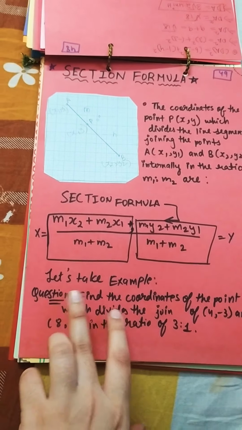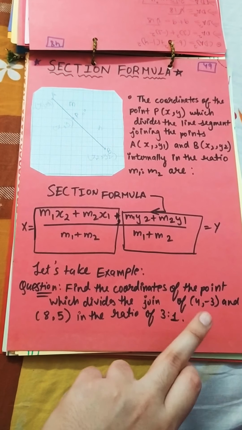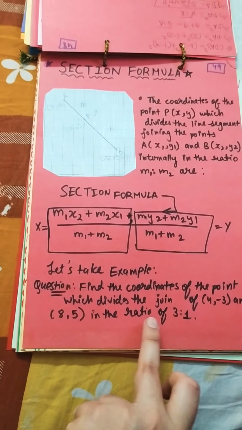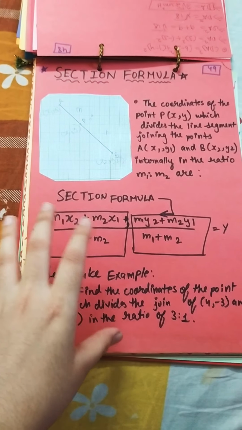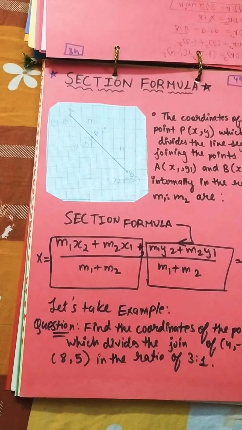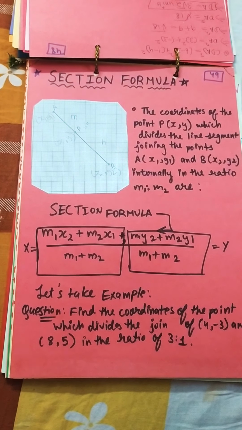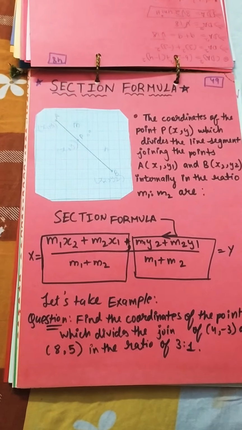You can take an example like find the coordinates of a point which divides the join of (4, -3) and (8, 5) in the ratio of 3:1. So we can also show the sum, and also we can show it in some creative way of understanding the section formula.